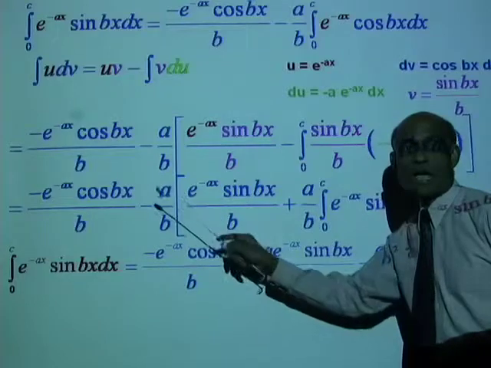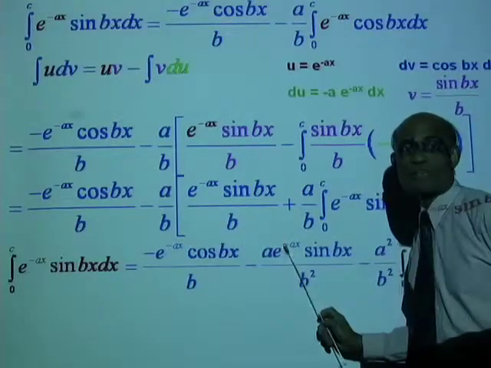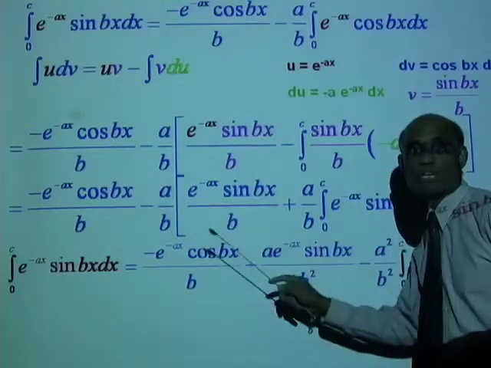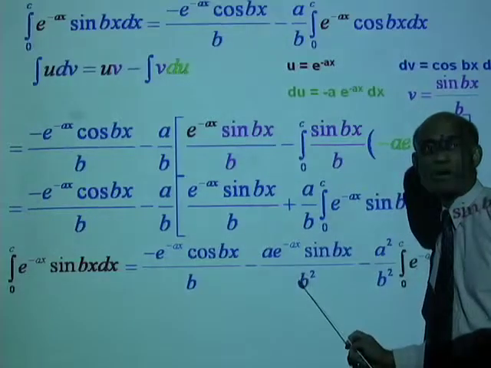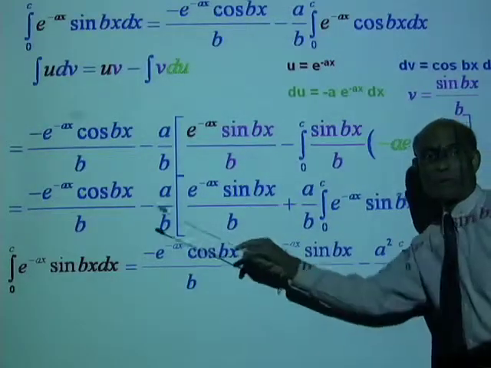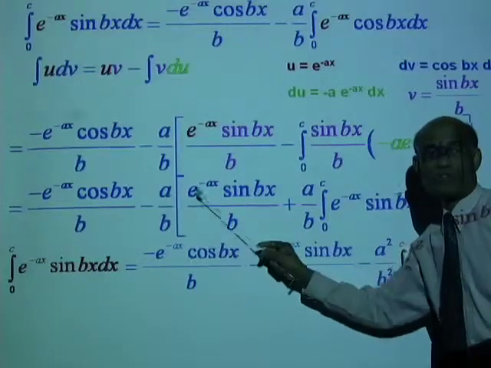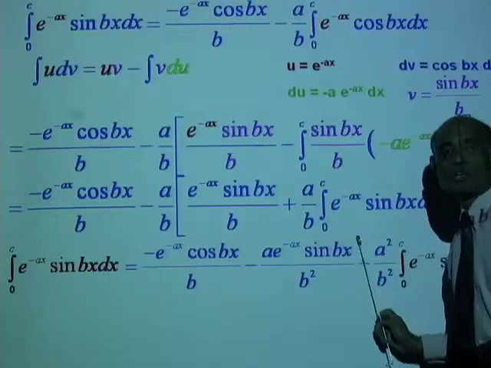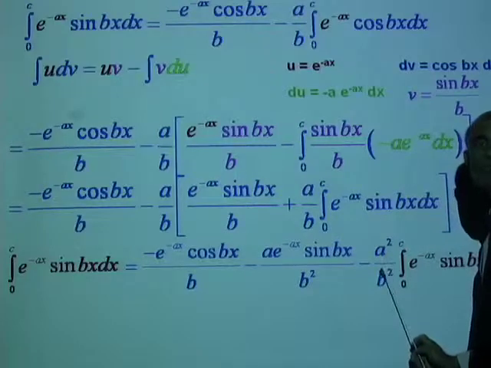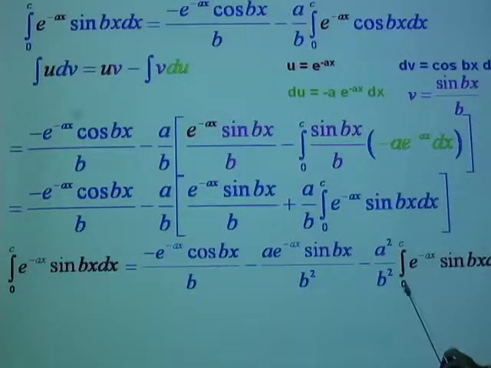That gives you a e to the power of negative ax sine bx divided by b squared. Now minus, because that's minus, and multiply this a over b with this a over b, gives you a squared over b squared integral 0 to c e to the power of negative ax sine bx dx.